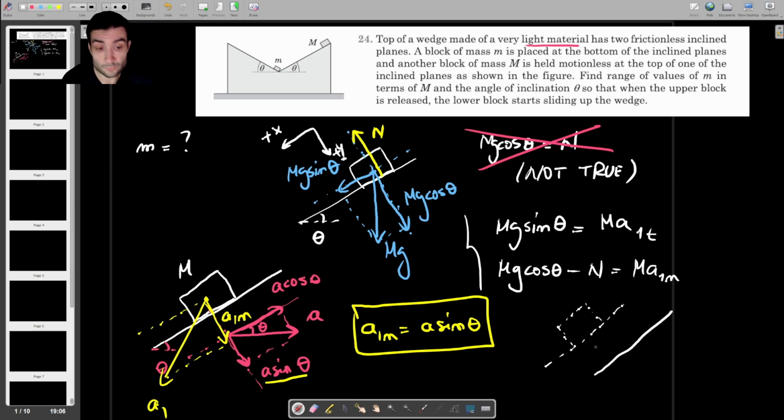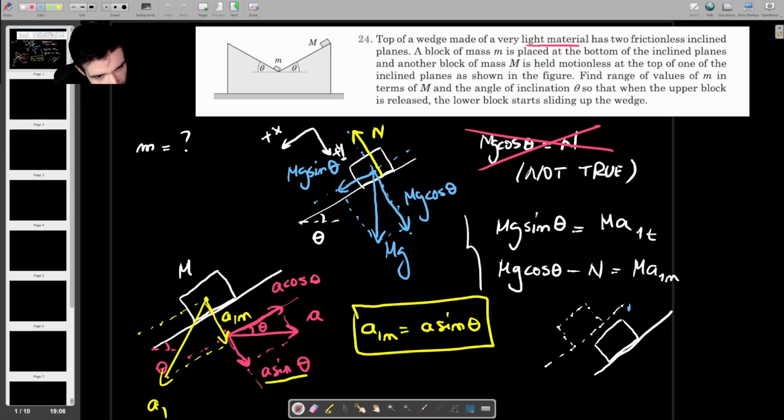We don't know how it moves tangentially, but we know it has to stay on the plane at all times. It can't jump away from the plane, because that's not happening in the problem, and it's not melting into the plane either. That wouldn't make sense. It's not the kind of problem we're interested in solving.